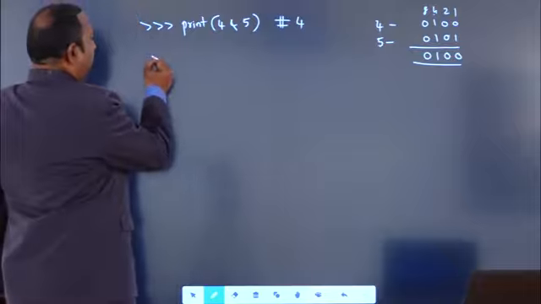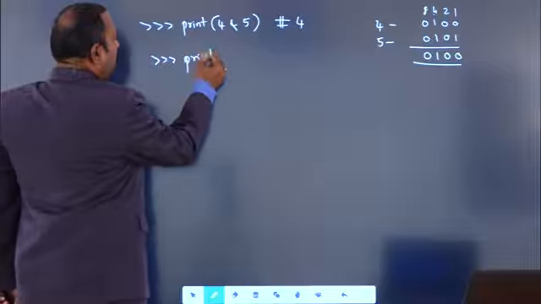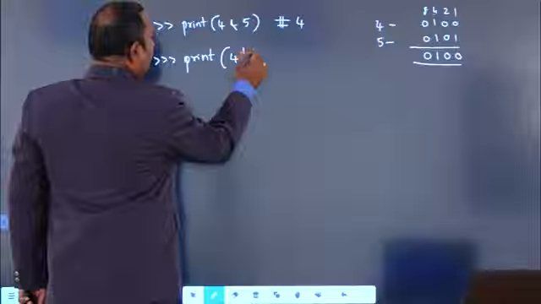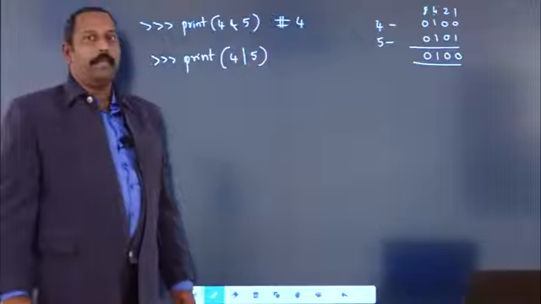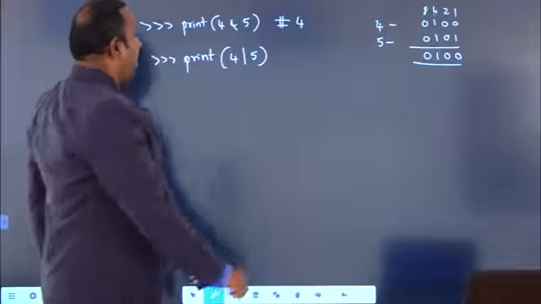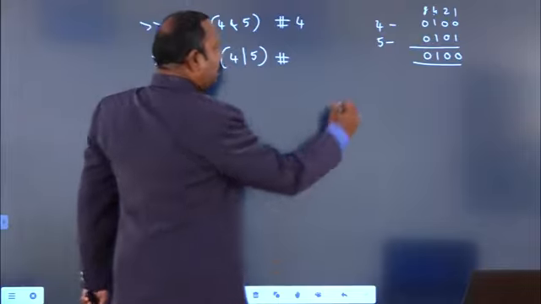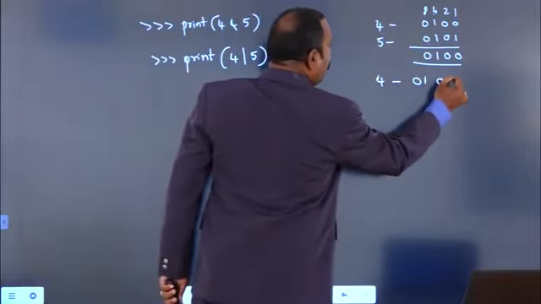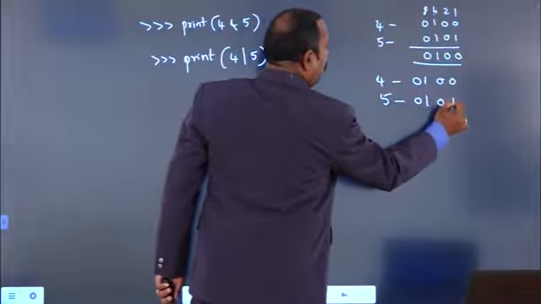Suppose I have written print 4 bitwise OR 5. Now I am performing bitwise OR. So what is the output you will get here? 4 is 0 1 0 0 and 5 is 0 1 0 1.